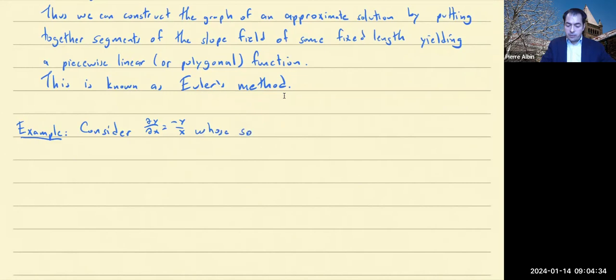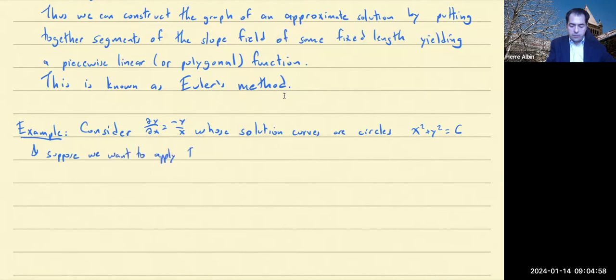The solution curves are circles, x squared plus y squared equals some constant. And suppose we want to apply Euler's method with initial condition y of 0 equals 1.